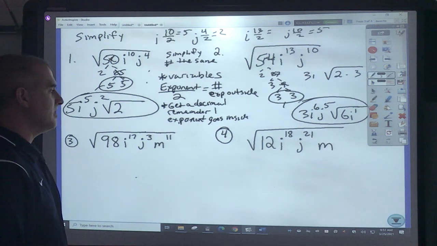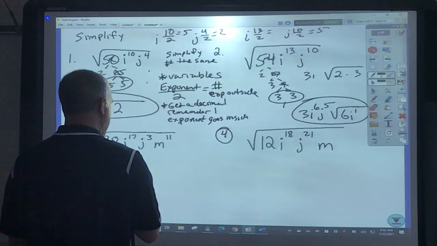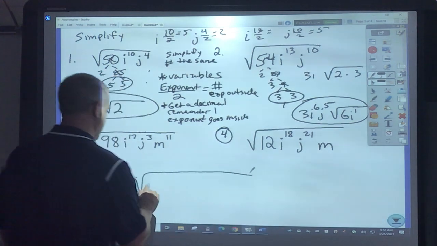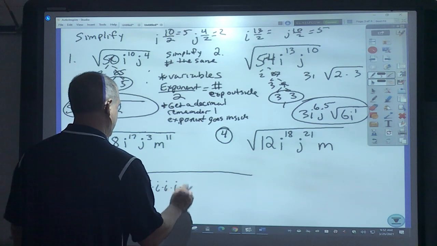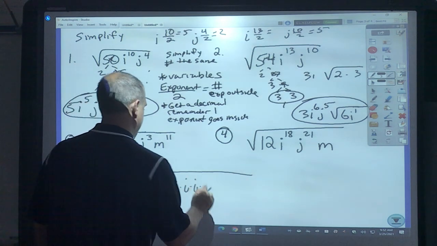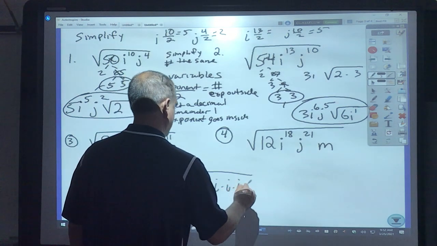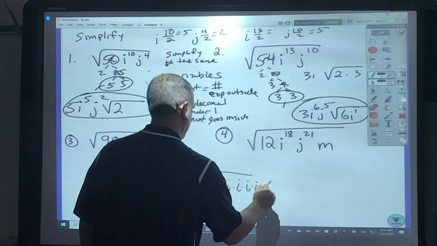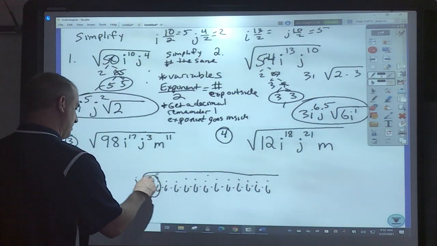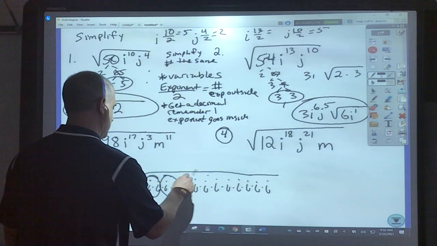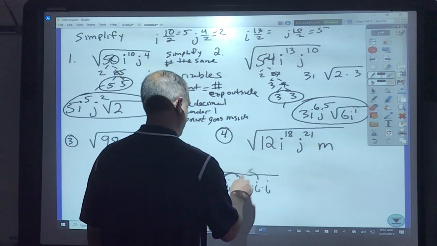All right, and the reason for that, let me just show you that. Let's say I had 13 i's inside my square root. 1, 2, 3, 4, 5, 6, 7, 8, 9, 10, 11, 12, 13, okay? If I did the same thing and circled pairs, watch this. 1, 2, 3, 4, 5, 6.